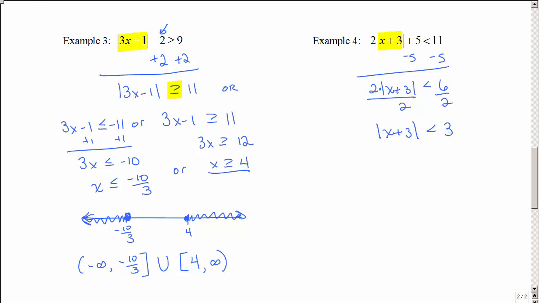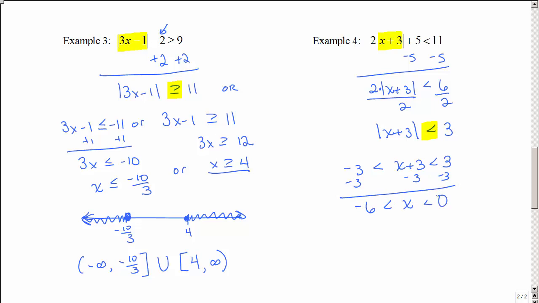Now I can see that this is a less than, so I want to do that sandwich. So you want to write it just like it is, but then sandwich it in between the negative 3. Sandwich it in between that negative 3 and positive 3. Now let's subtract 3 from all 3 parts.